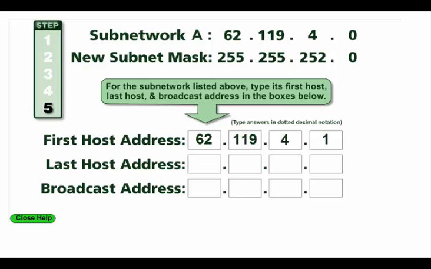As we said, subnetwork A's broadcast address is 1 less than subnetwork B's address. That means that subnetwork A's broadcast address is 62.119.7.255, which is 1 less than subnetwork B's 62.119.8.0 address.